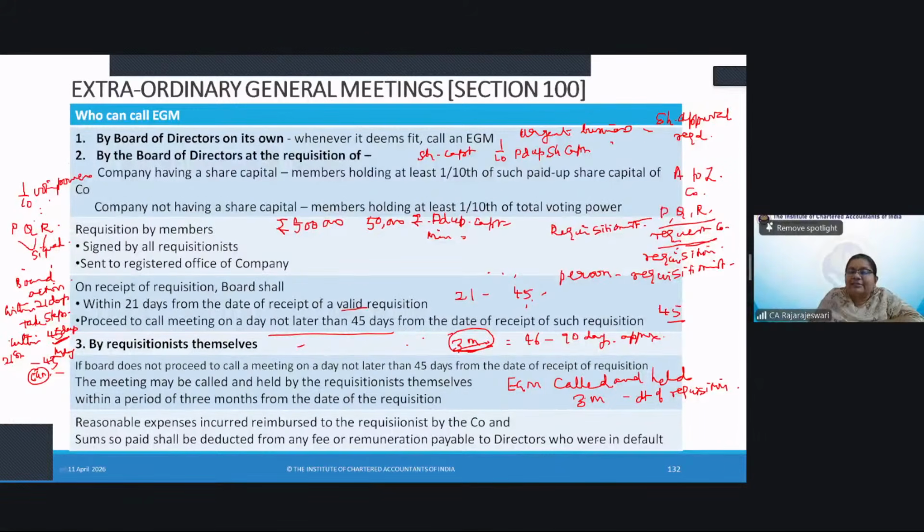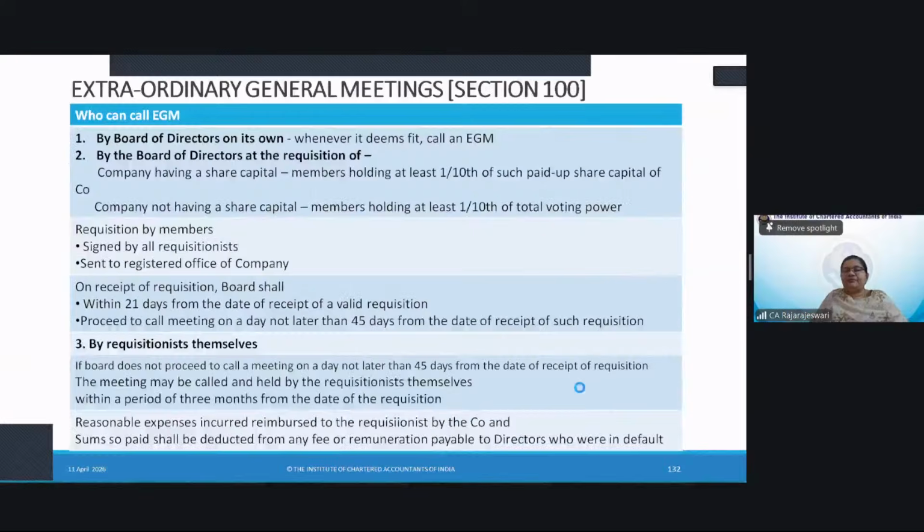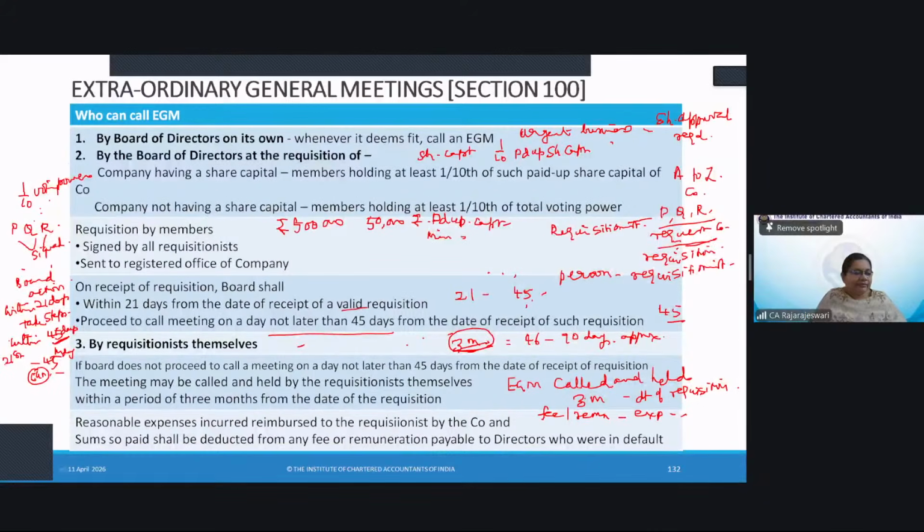And the reasonable expenses they have incurred, the company has to bear. Whoever is the director in default, from his remuneration or fee, the expenses will be deducted, because they were the defaulting persons.